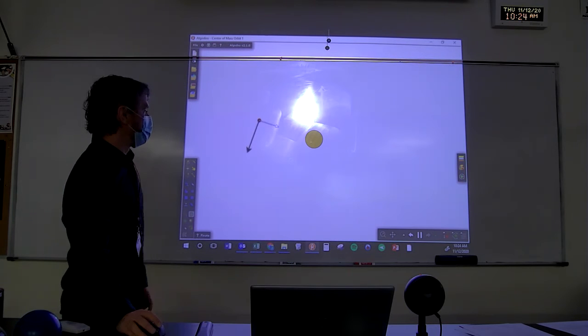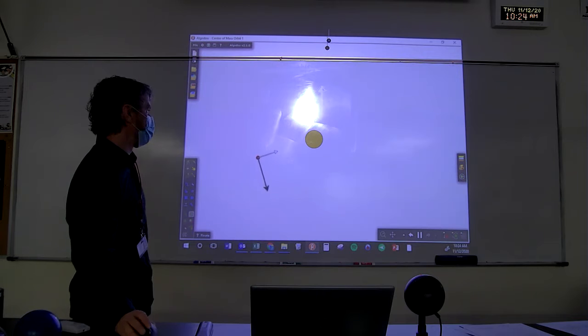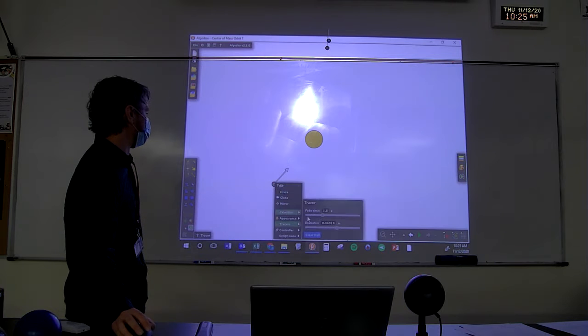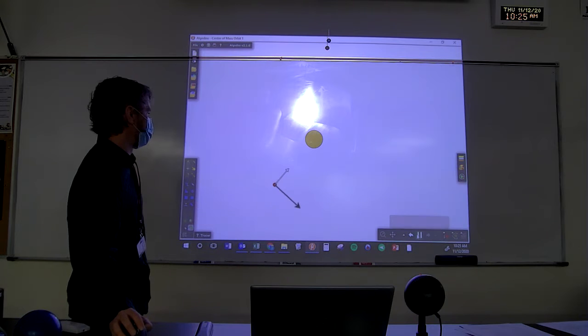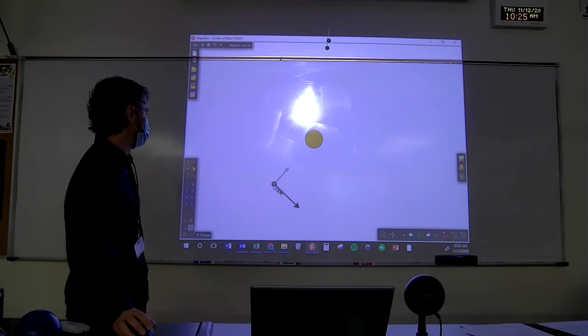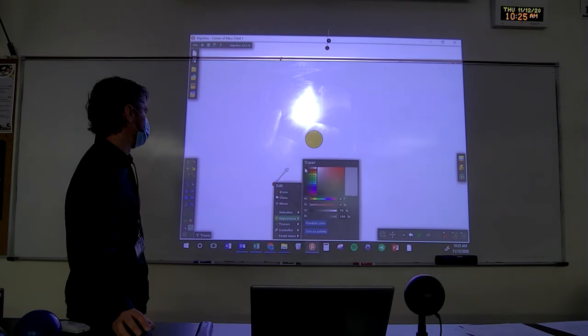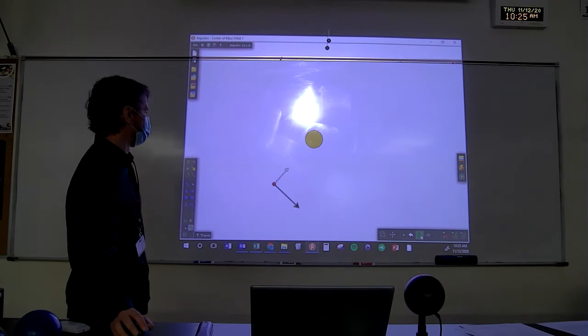So another way of seeing the direction of the centripetal force is by looking at it geometrically.